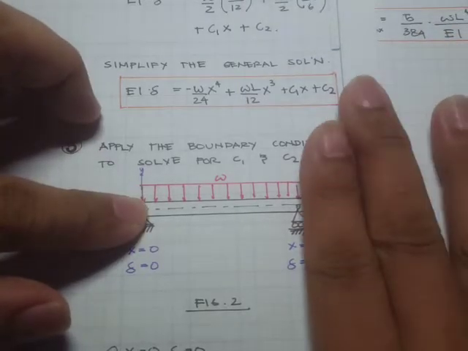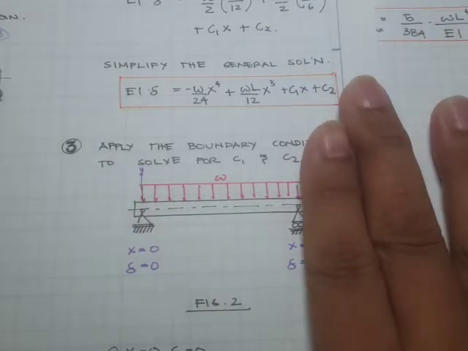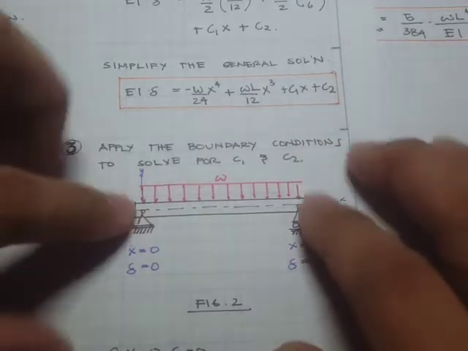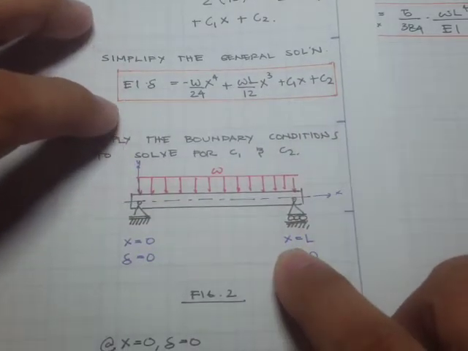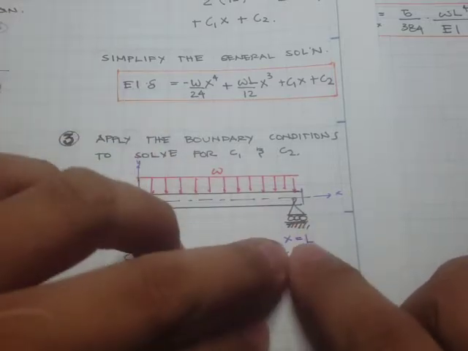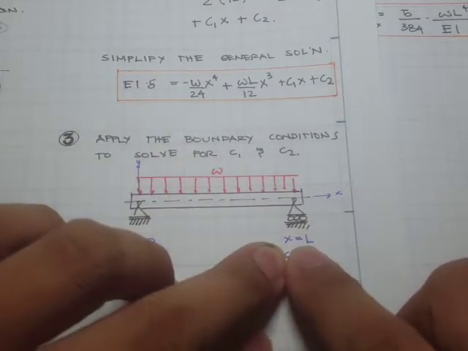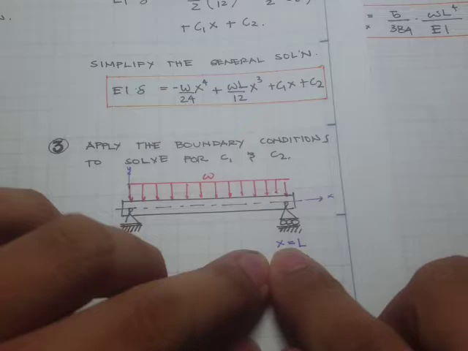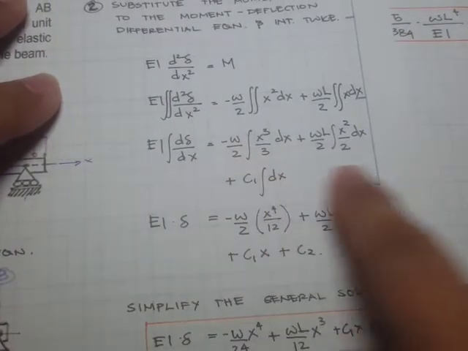So at the fixed support, we also utilize the slope. If you use the slope, you have to substitute the x value and the slope value into the slope equation.